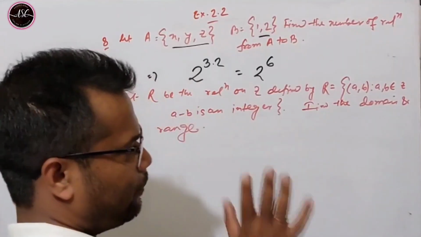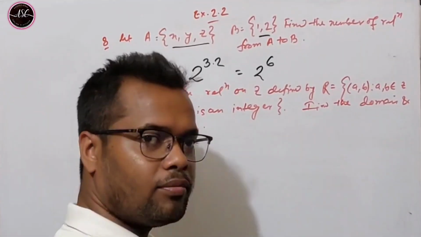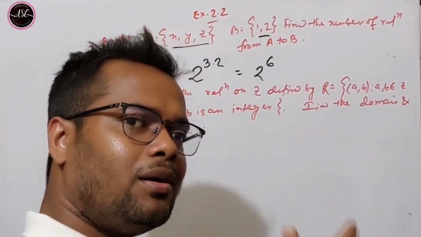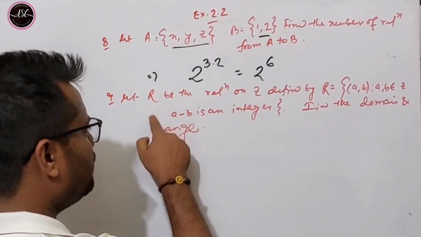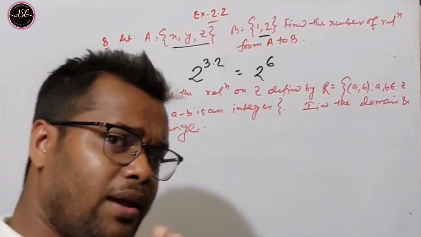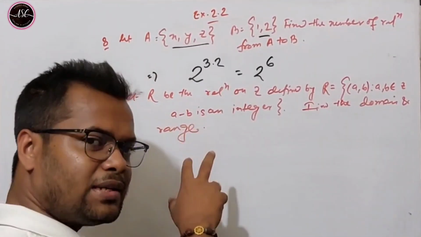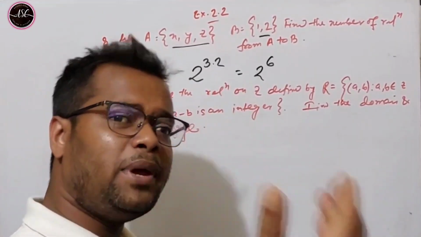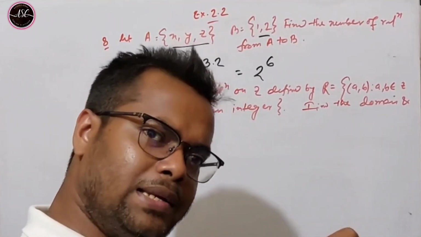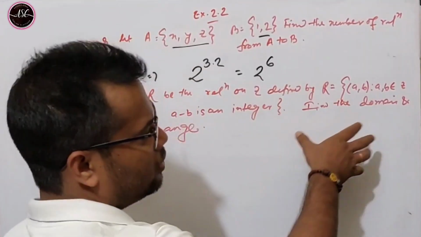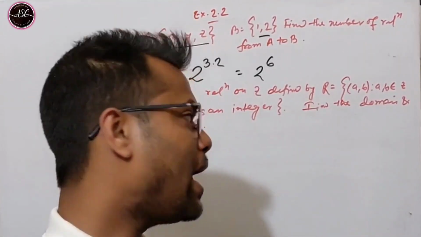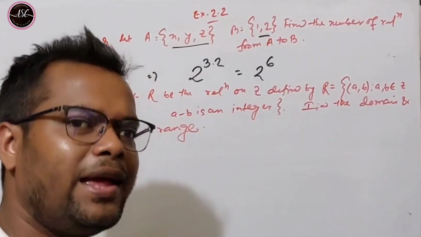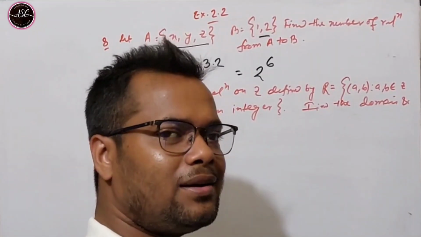So here the domain means, in the relation, a will exist in the relation and b will exist in the relation. So the domain should remain from the set of all integers, and also the range will be the set of all integers.